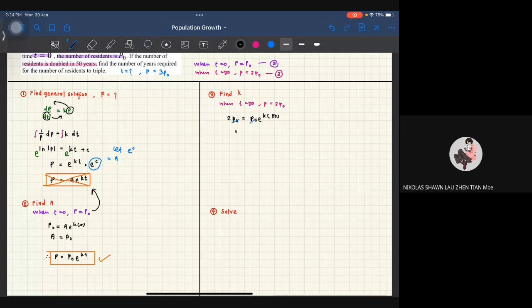So you get 2 equals to E to the power of 50K. Okay, so sekarang kita nak K. So apa yang kita nak buat? Kita letak ln dekat dua-dua belah. We can put ln to both sides. So I put ln over here and then I put ln over here as well. Okay, so yang belah kiri akan dapat 2, yang belah kanan akan dapat 50K.